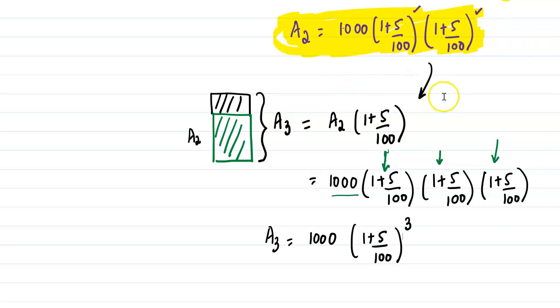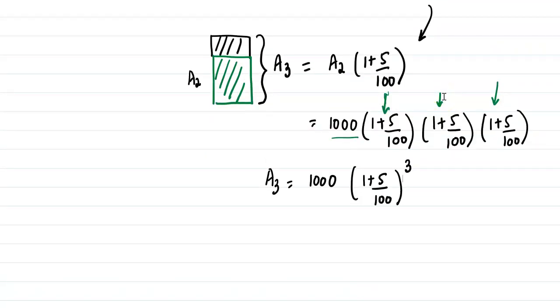Now, if you notice this carefully, this is the amount by the end of your investment. 1000 was the principal, 5% was R by 100 and T was 3 years.